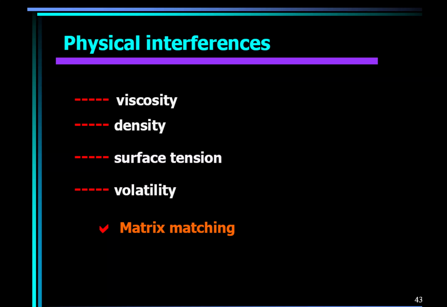So if you're preparing your solution in water with 1% nitric acid, then you need to use the same for the solvent. It's the same kind of thing, such that you reduce volatility and surface tension, the density becomes similar, and viscosity will be the same, such that it moves through at the same time.